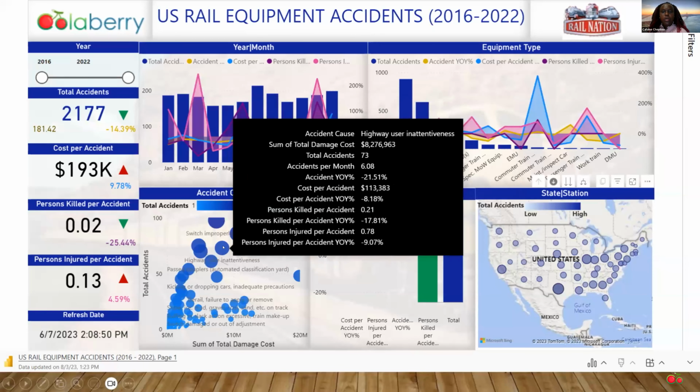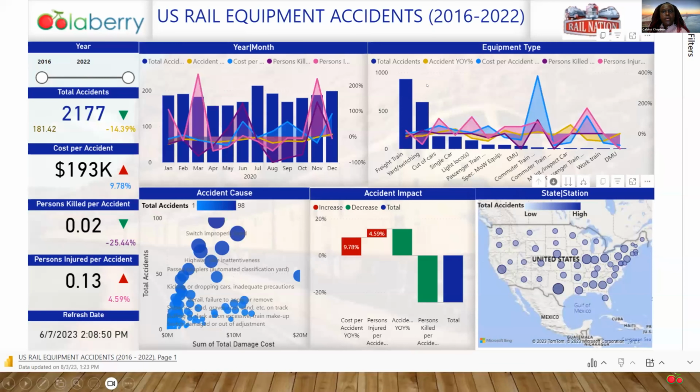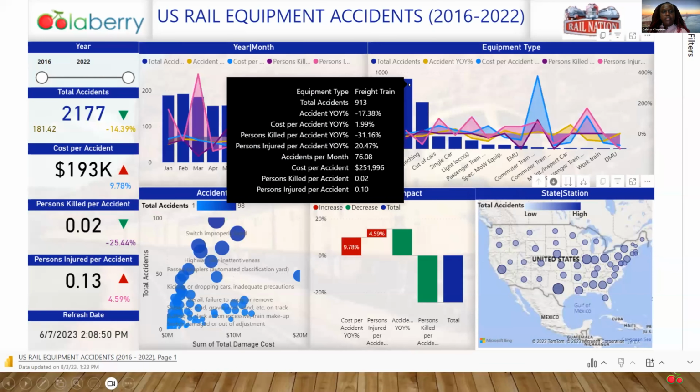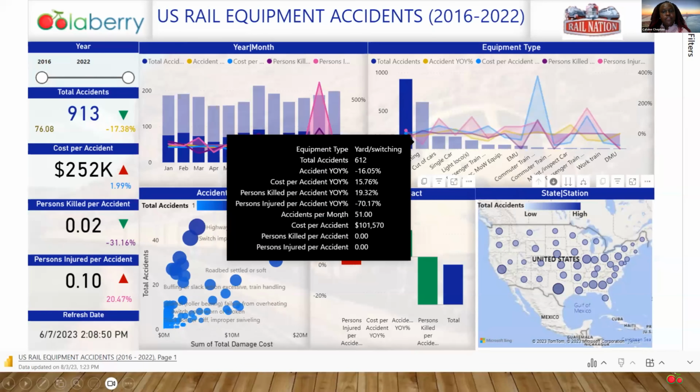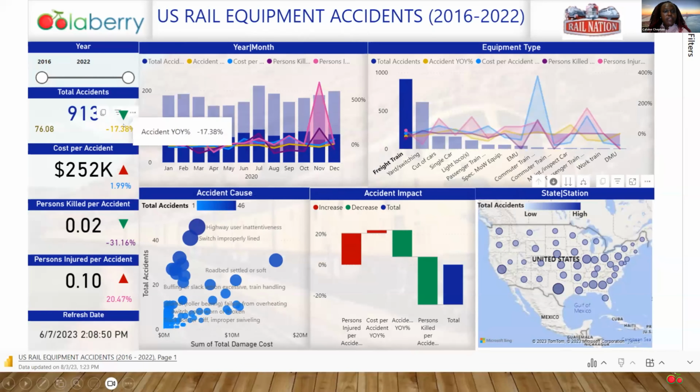So having freight train as the equipment with the highest number of accidents in 2020, we can see that the accidents that were caused by freight train decreased in 2020 by 17.38%, and the persons killed per accident also decreased by 1.16%.